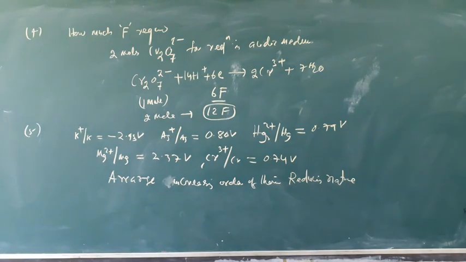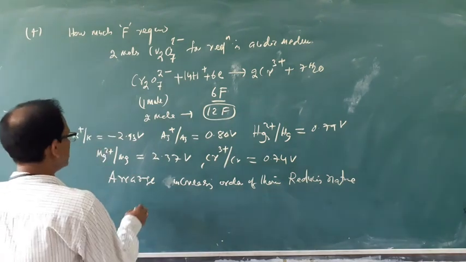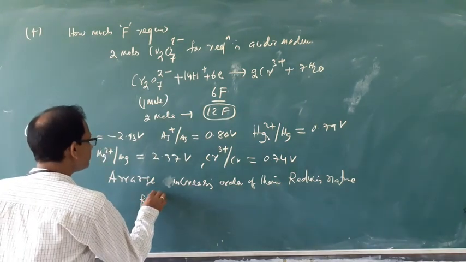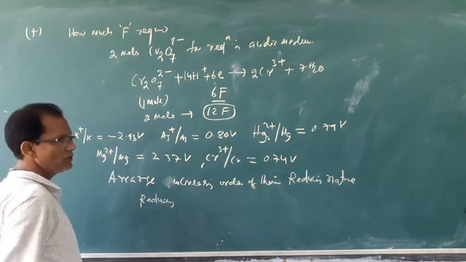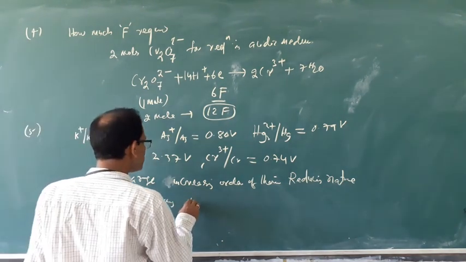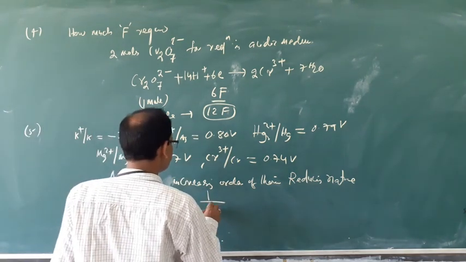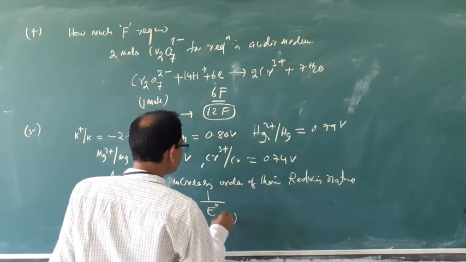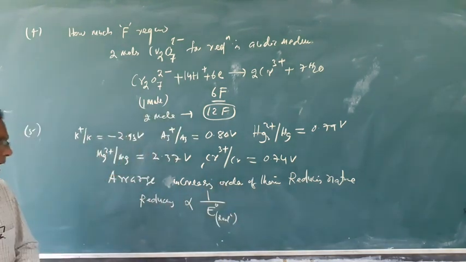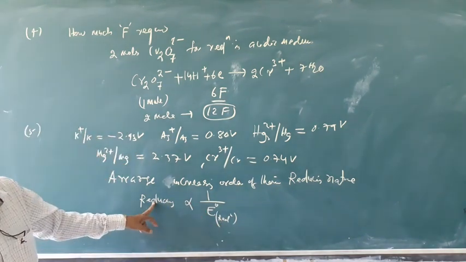Reducing nature we will compare. Already we have read in the electrochemical series, reducing nature is inversely proportional to E naught value. What does this mean?